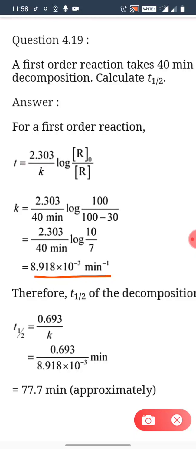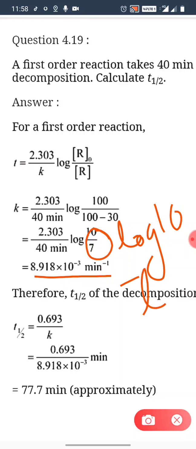Now again, the value of log 10 is 1. This will be calculated by converting it into log 10 minus log 7. If you remember from the video session, I told you whenever log is in division, it gets converted into subtraction. So log 10 value, you know, it is 1. Log 7 value will be provided to you.